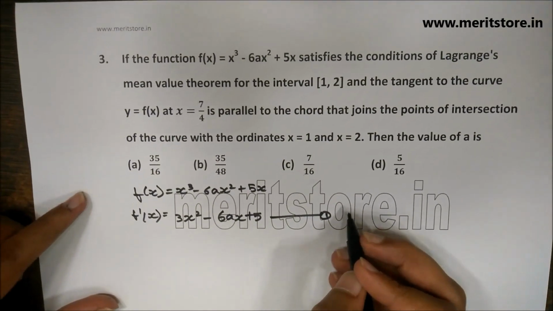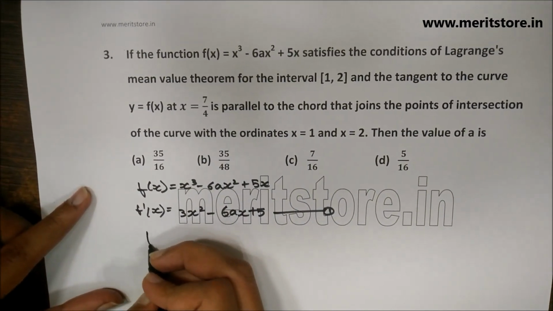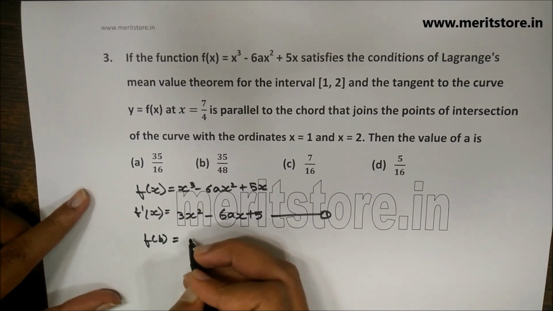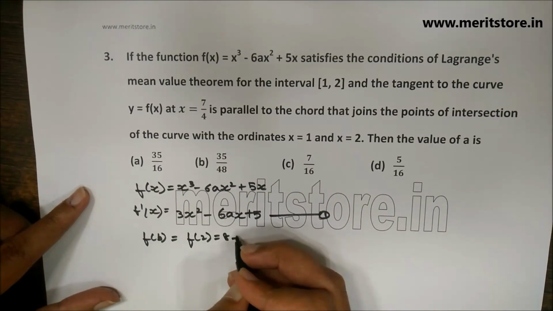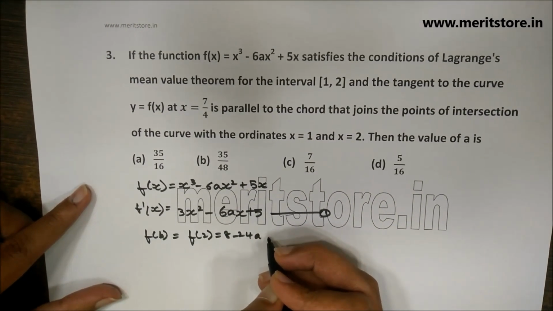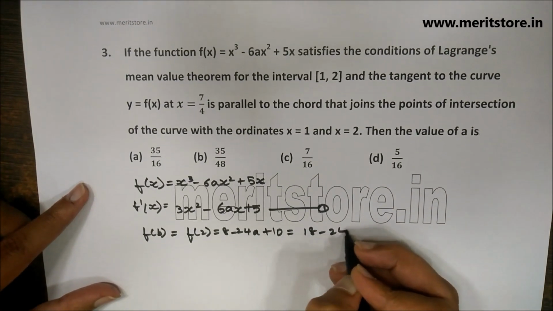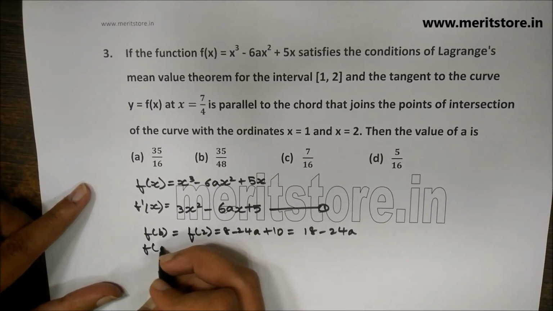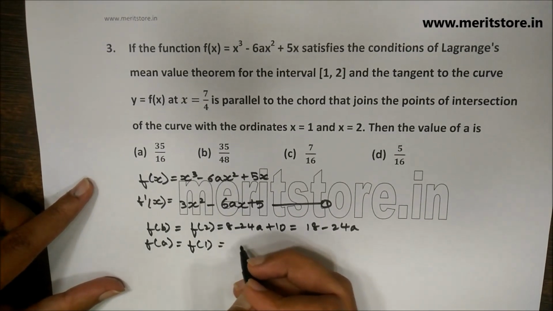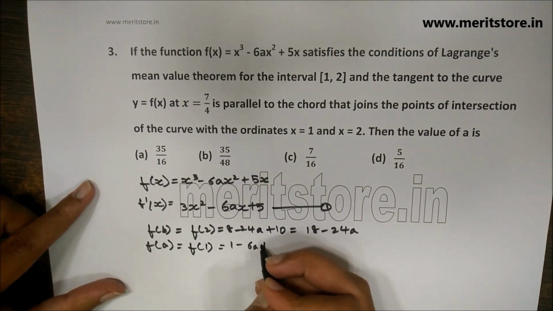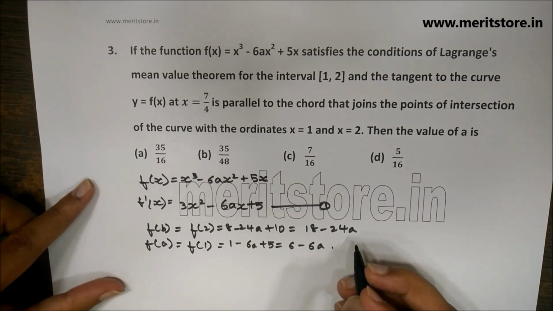Putting the values of a and b in the function, f of b equal to f of 2, which is equal to 8 minus 24a plus 10. On solving, we get 18 minus 24a. f of a is equal to f of 1, which is equal to 1 minus 6a plus 5, equal to 6 minus 6a.